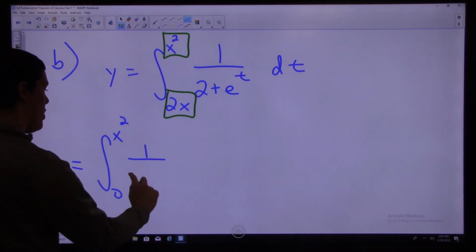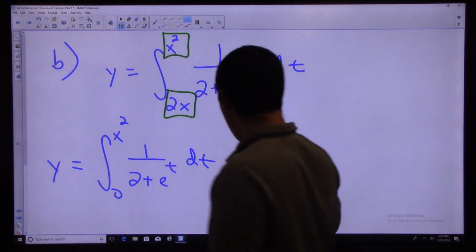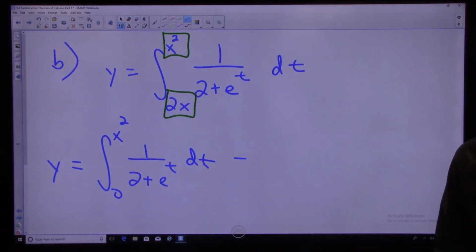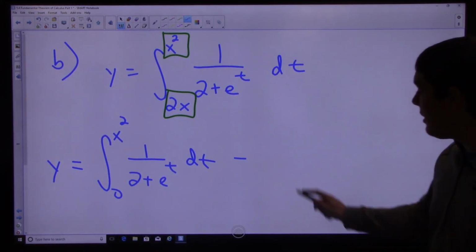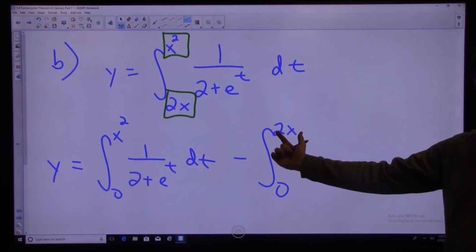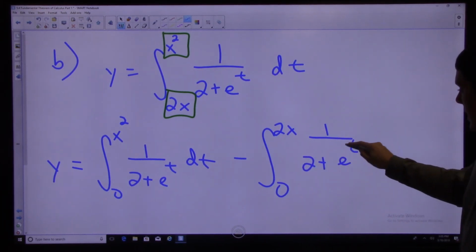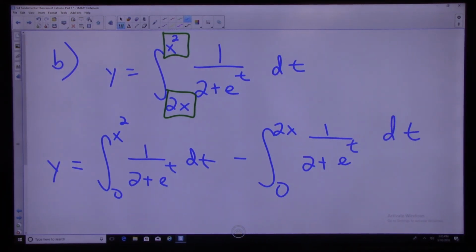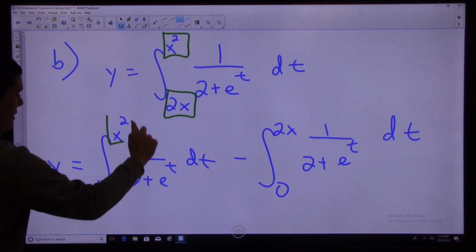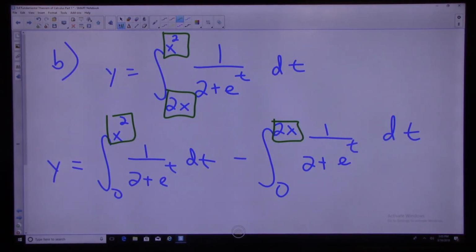So it's still going to be the integral of 1 over 2 plus e to the t dt, minus, because we're going to subtract the two areas, the integral from 0 to 2x of 1 over 2 plus e to the t dt. Both of these are going to require the chain rule because neither one of these upper limits is x.